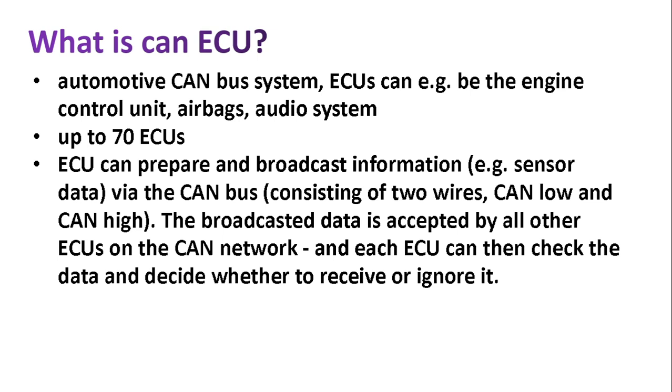And this main thing you will understand only with one example or the construction, which you will see in the next slides. Okay, and each ECU can then check the data and decide whether to receive or ignore it. Okay, this sentence means the signal is passed from the ECU, right? Now the main question, what is the signal?